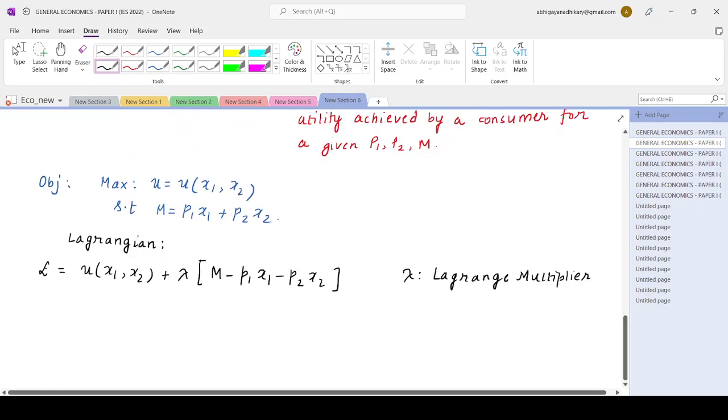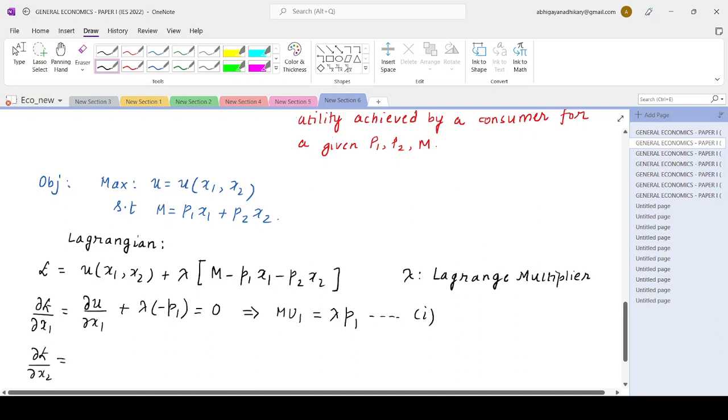You differentiate this with respect to the three variables x1, x2 and lambda. So what will you get? You will get del u by del x1 plus lambda times minus P1, set equal to 0. Del u by del x1 is basically the marginal utility from good 1, and that equals lambda P1. This is my equation 1.